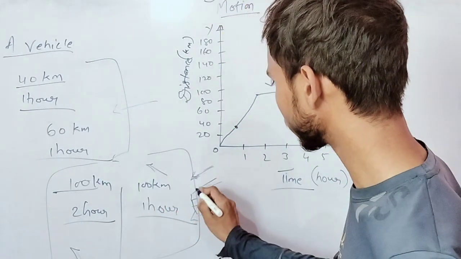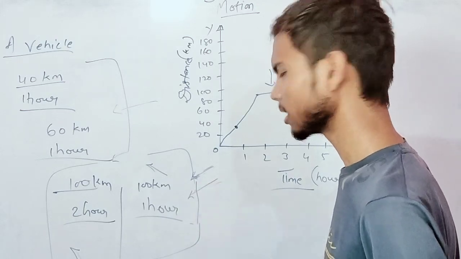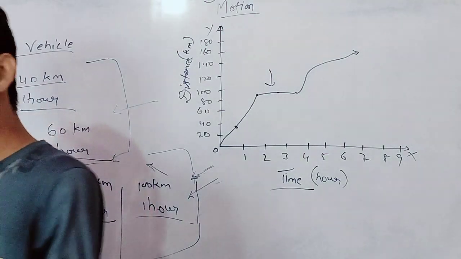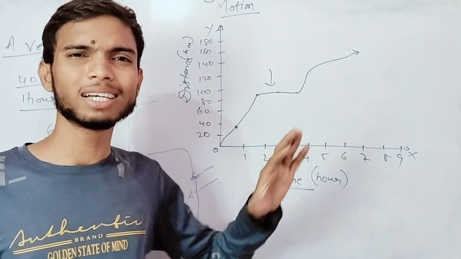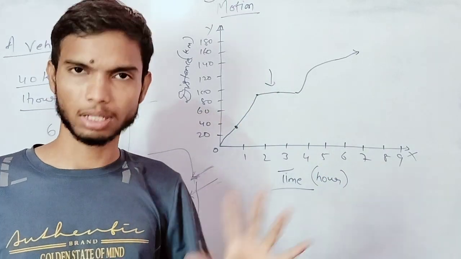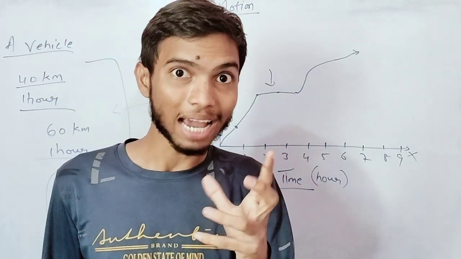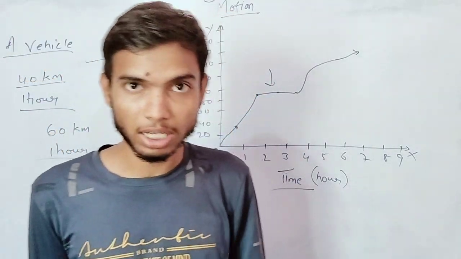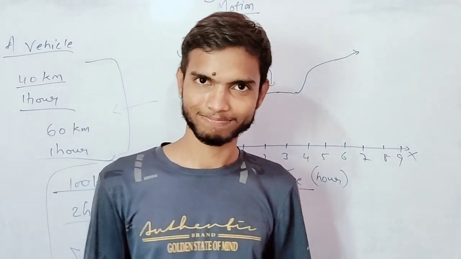Time is passing, isn't it? Time is passing, but the vehicle didn't move at all. From here to here, the vehicle didn't move at all, but time was passing, and that is the definition of an object at rest. Clear?